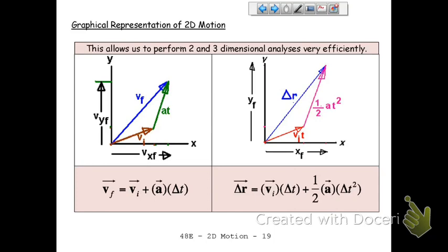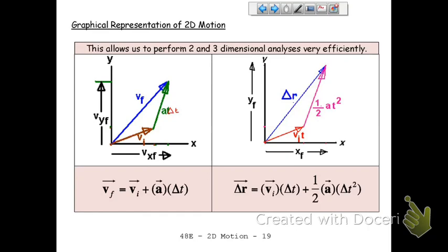I'm showing this in 2 dimensions rather than 3, which in a way spoils it a bit. But what I'm saying is that the vector answer, Vf, is equal to the vector addition of Vi plus A times delta t. That should be delta t. I could draw a 3-dimensional diagram that would show this.